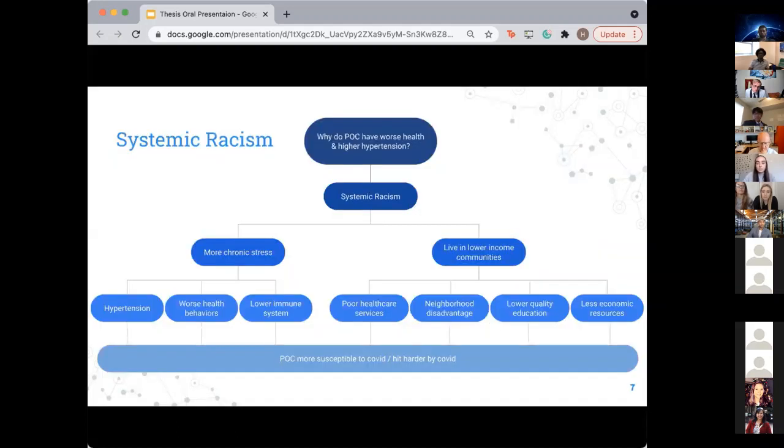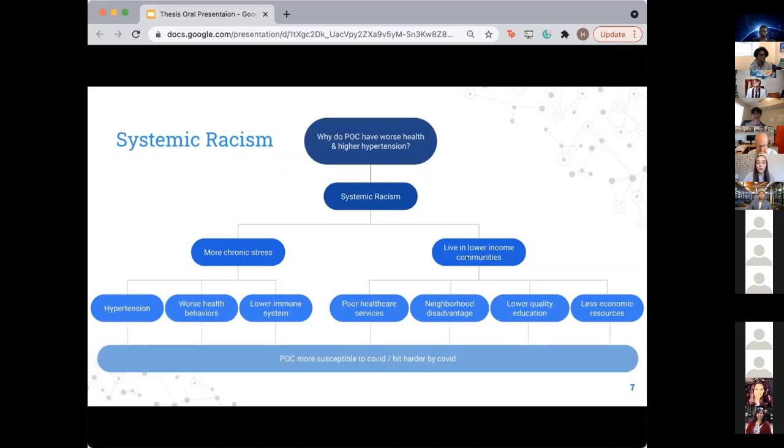Diving a little more into the systemic racism literature, I found that systemic racism is really deeply ingrained in our society, and it affects populations of color in two main ways. It causes them more chronic stress, and it causes them to live in lower income communities at higher rates, and this is because of residential racism.